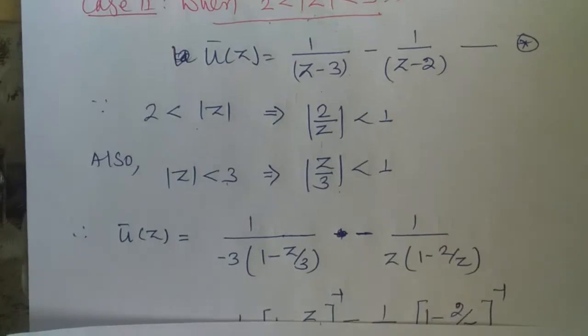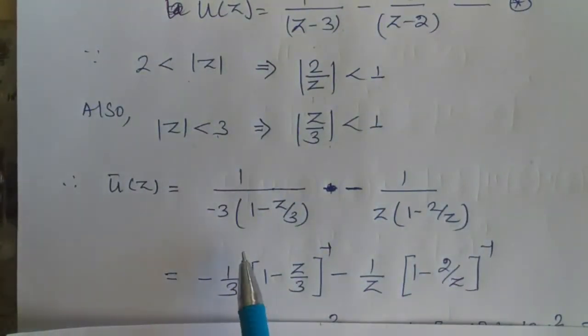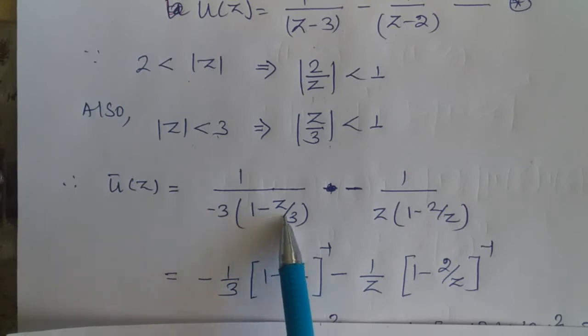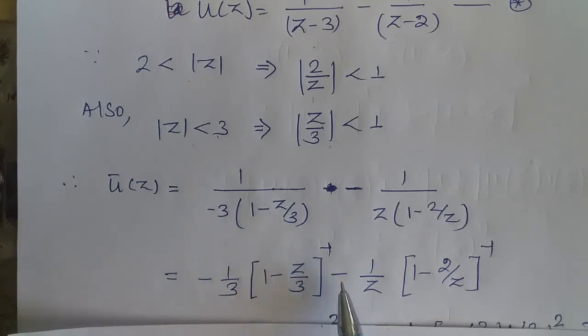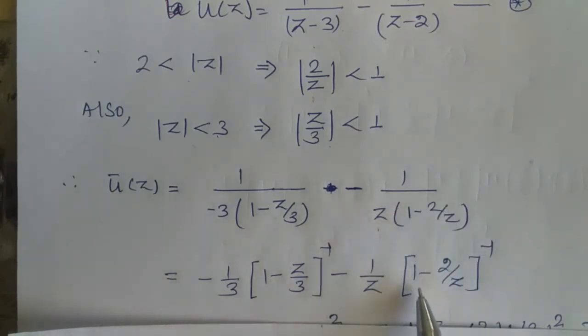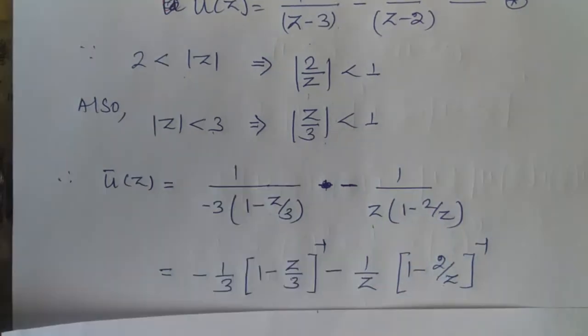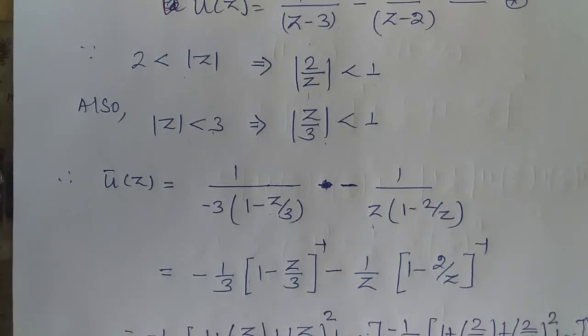Now, in numerator, we get minus 1 by 3 constant as it is. Here, in numerator, we get 1 minus Z by 3 whole inverse. Minus here 1 upon Z as it is, and in numerator this bracket gives 1 minus 2 by Z whole inverse. Now expand these two terms using binomial expansion, 1 minus x whole inverse. So we get, by using binomial theorem, minus 1 by 3 as it is.